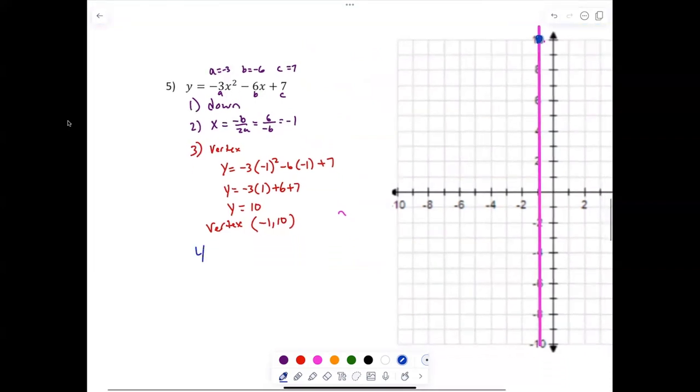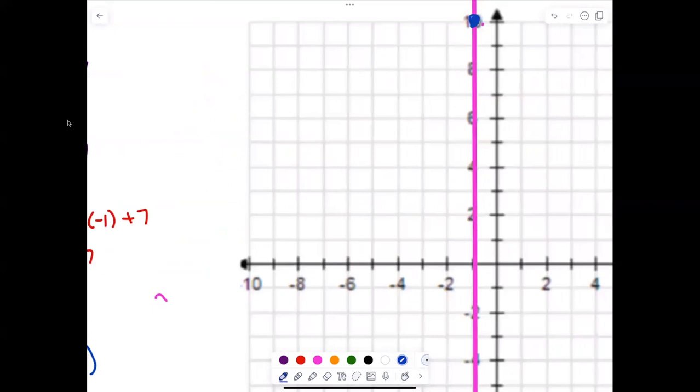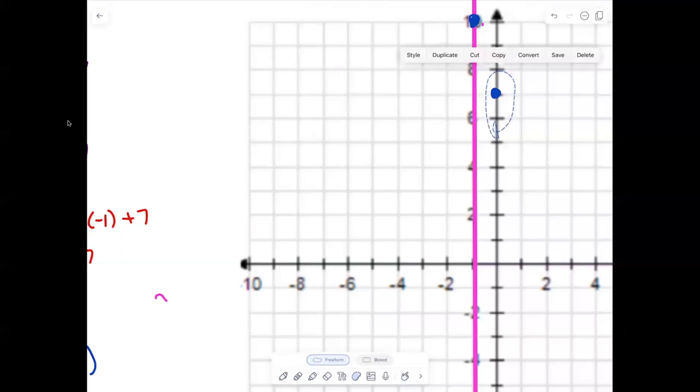What's the y-intercept? 0, 7. Thank you very much. So I go to 0, 7 right here. How far away am I to the axis of symmetry? 1. So now watch. Count it over 1. Everybody good with that?